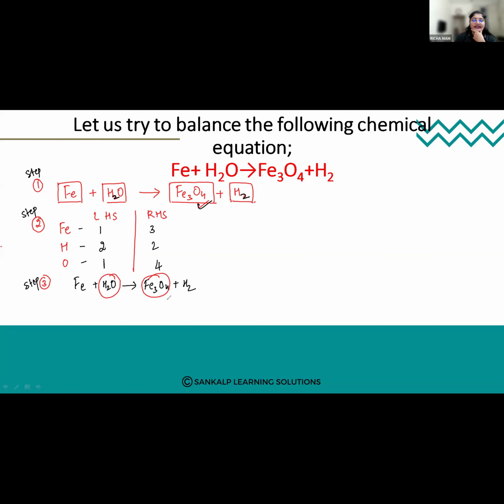Now I have selected the compound with the maximum number of atoms. Next, I am going to see oxygen. I am going to balance the oxygen first. Now the number of oxygen atoms on the left is 1 and on the right it is 4. So if I multiply the water molecule by 4, my oxygen atoms will be balanced.